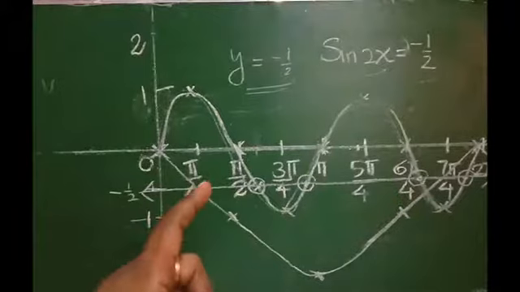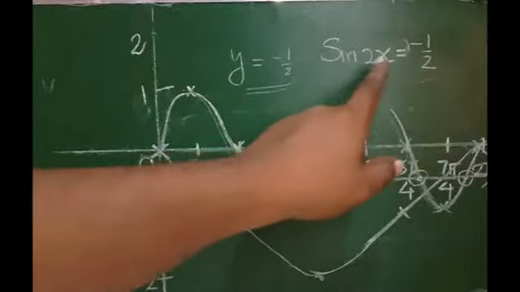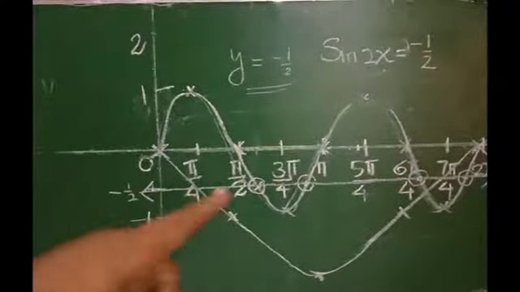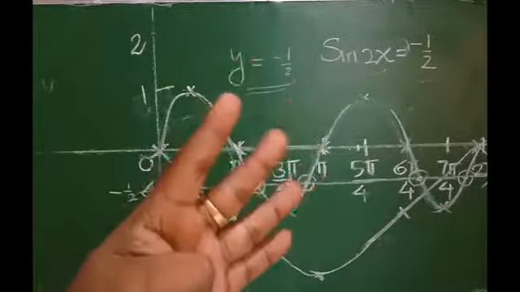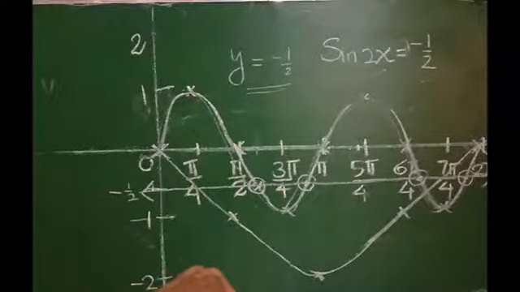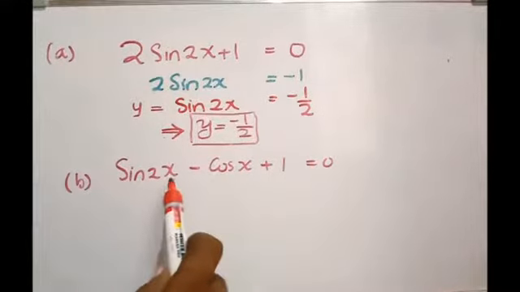Each point gives a solution for sine 2x is minus half, or 2 sine 2x plus 1 is equal to 0. So how many solutions did you find here? It's totally 4 solutions. So 2 sine 2x plus 1 is equal to 0 gives us 4 different solutions.